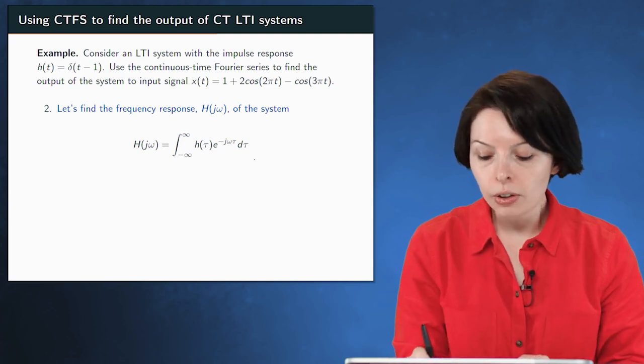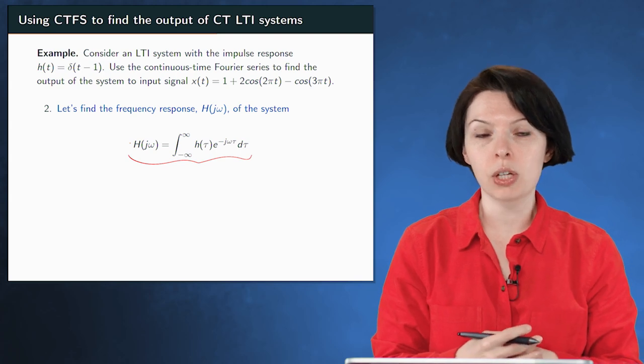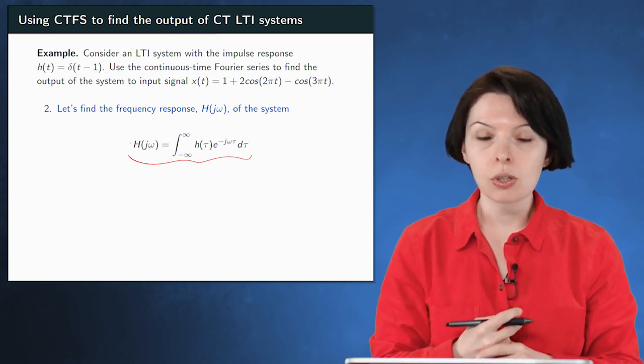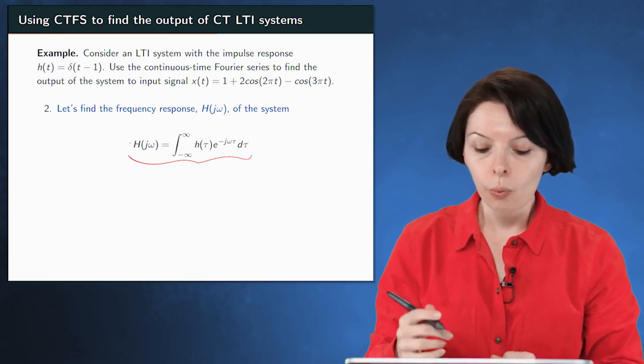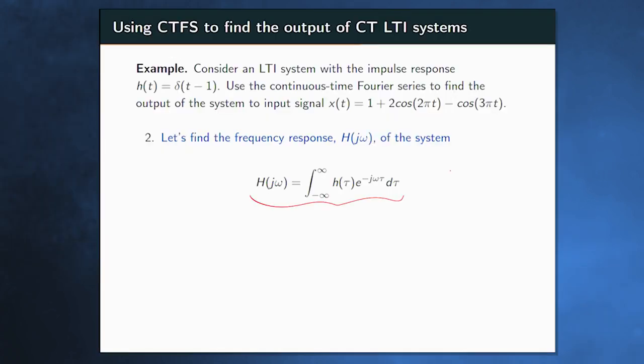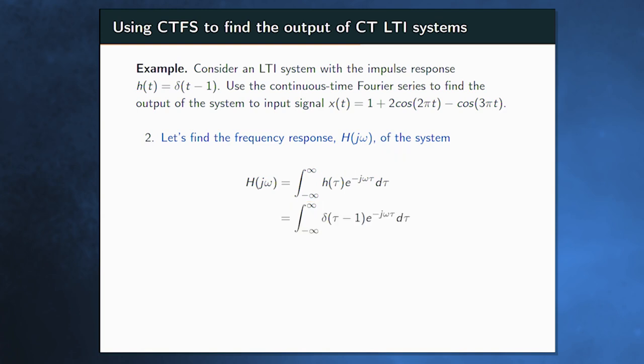All right, so this integral is what we found when we defined the transfer function, or H of s, and so substituted s with j omega. And then I'm ready to evaluate this one. So what I'm going to do is to find h of tau, which is going to be equal to delta of tau minus 1. So I'm going to replace this in here and then evaluate this integral. So at this point, I'm ready to use the sampling property of delta function.